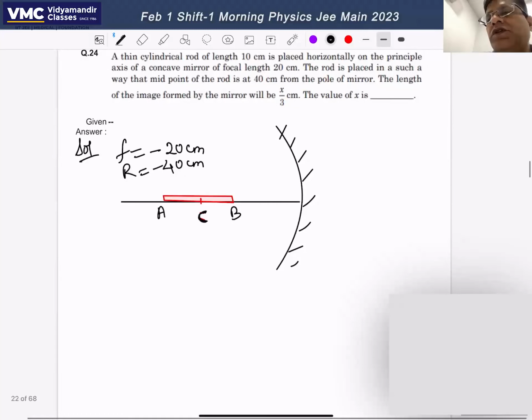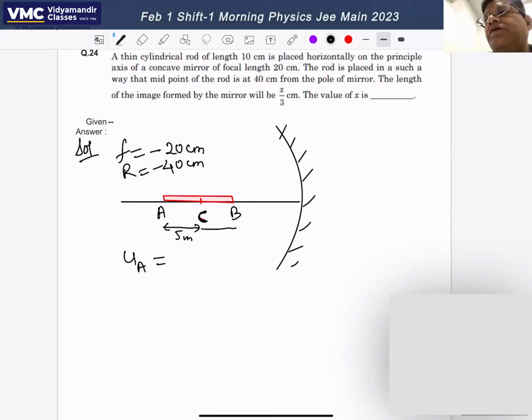For coordinate A, the distance to C will be 5 centimeter, and this is again 5 centimeter, and the center is at 40 centimeter from here. So for UA, minus 45 will be the coordinate. For point B, minus 35 centimeter will be the coordinate.